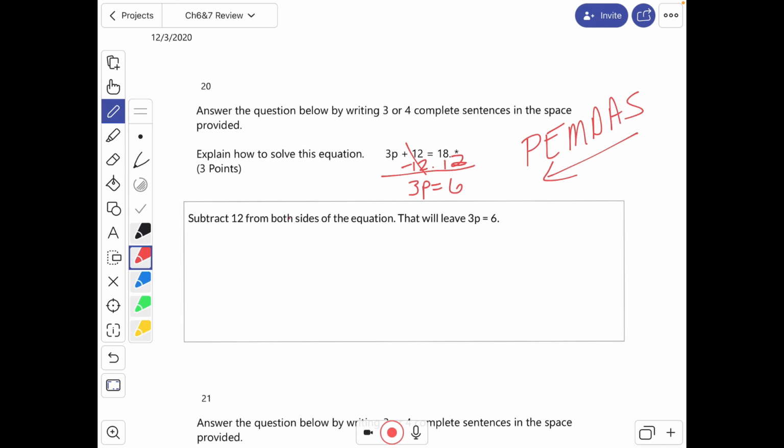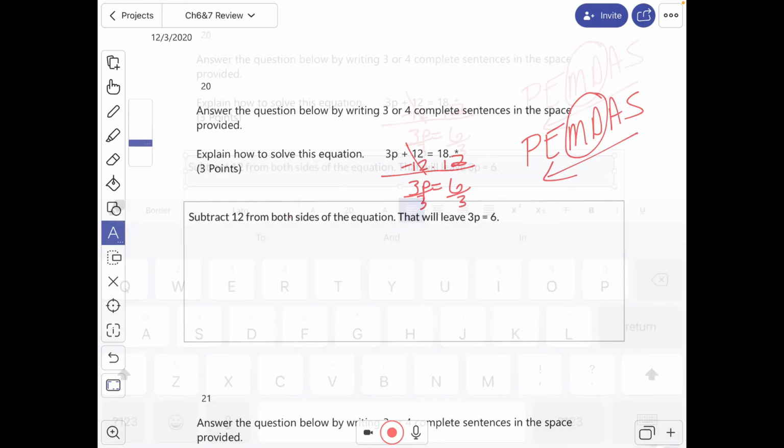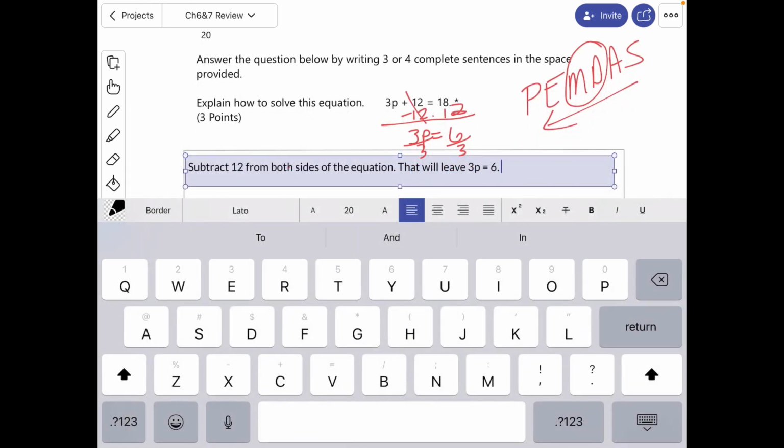So the next thing we want to do is the multiplying or dividing. So we have multiplying by 3. The opposite would be to divide by 3. So I'm going to divide both sides by 3.